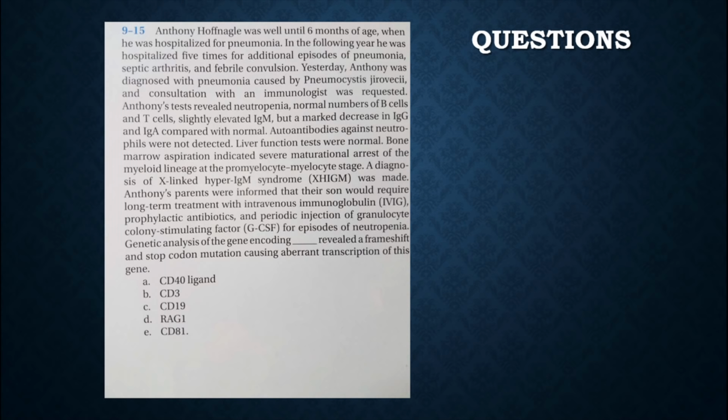Okay, what step in antibody development is RAG used? Not somatic hypermutation. It's somatic recombination. So RAG is used. Remember, in the gene, you've got like 30 J segments, 30 V segments, 30 D segments.